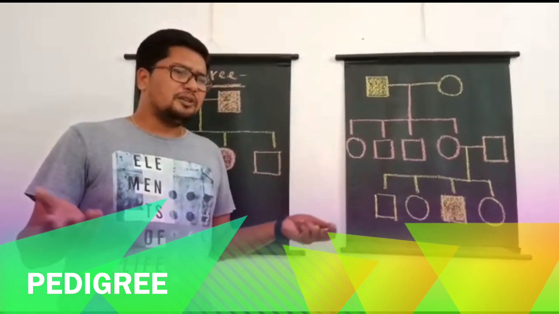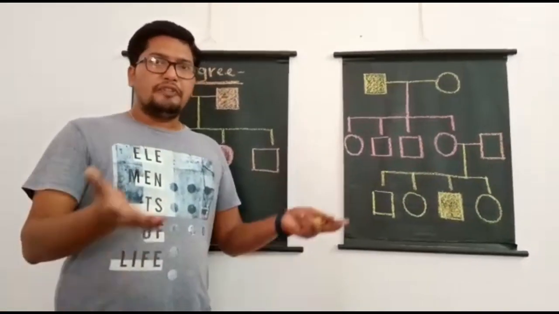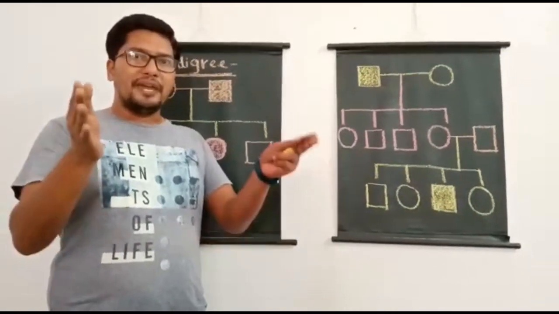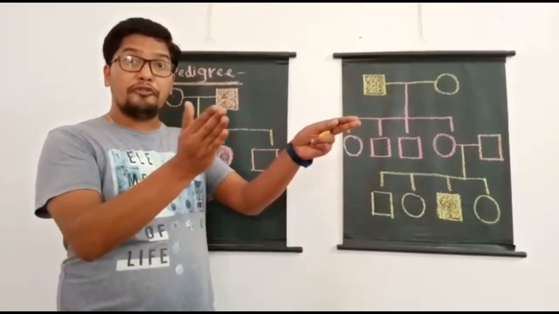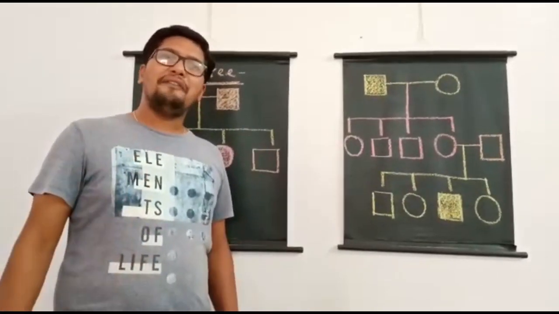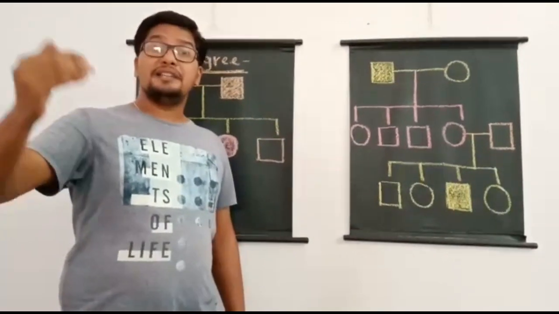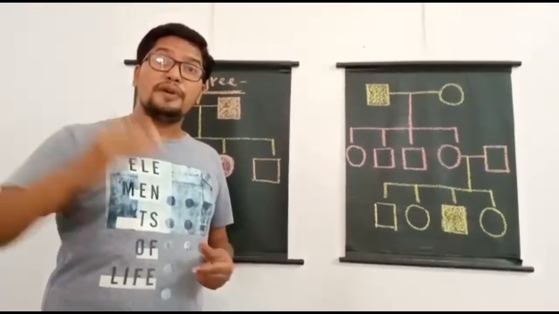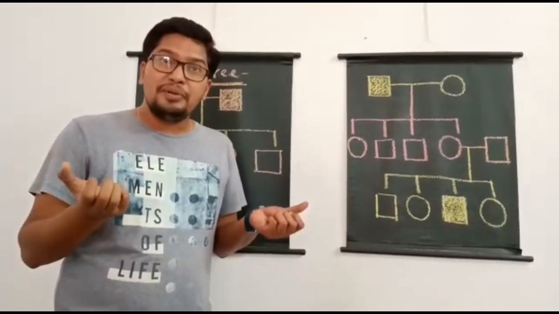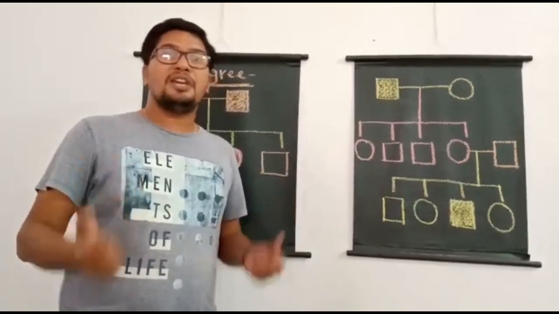And I can quote the simplest example. For a newly married couple, a female may have a history of hemophilia in her family, and obviously she will have a doubt: if I have a child, whether my child is going to suffer from hemophilia or not, and what is the possibility of my child becoming hemophilic.